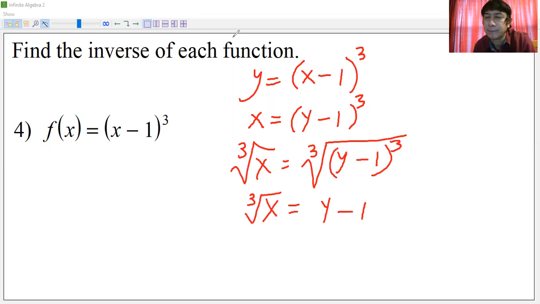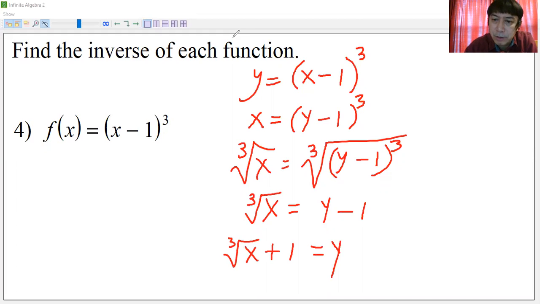We will just get rid of the minus 1 by addition. If you add 1 to both sides, then the left side will be the cube root of x plus 1, and the right side will just be y.